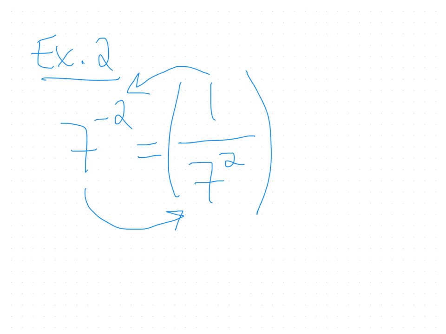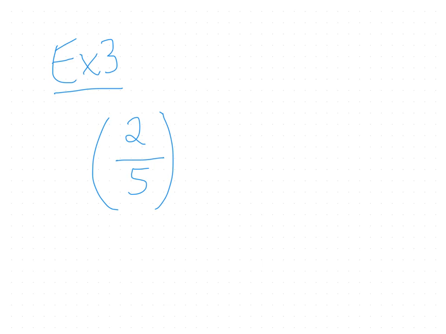And furthermore, we can apply this integer exponent idea to bases that are fractions. So if we had 2 over 5 to the exponent negative 2, then 1 over 2 over 5 to the positive 2 is how we would write it.